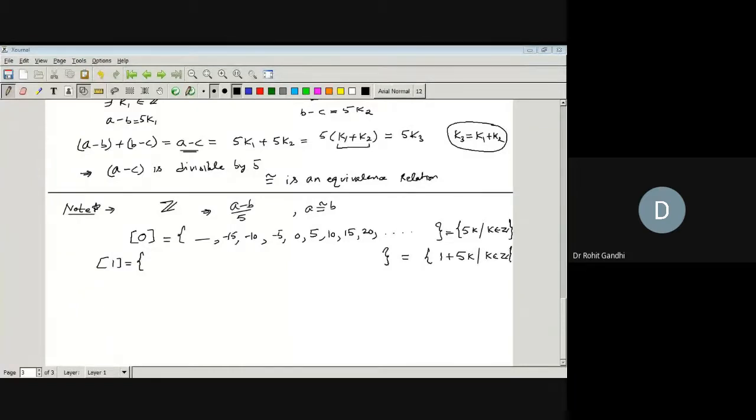So the elements should be 1, 6, 11, 16, 21, and if I go back, -4, then -9, and -14, and so on.